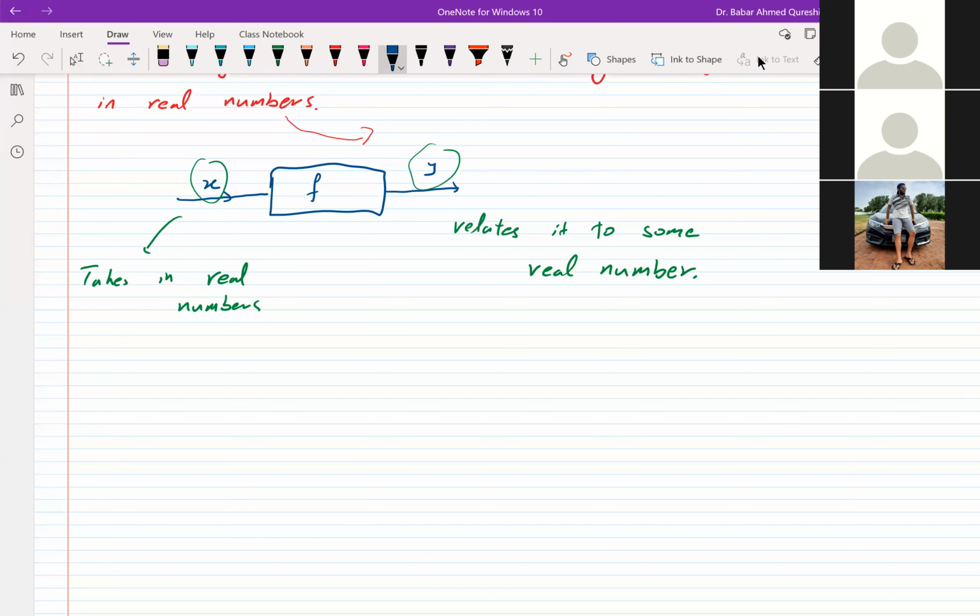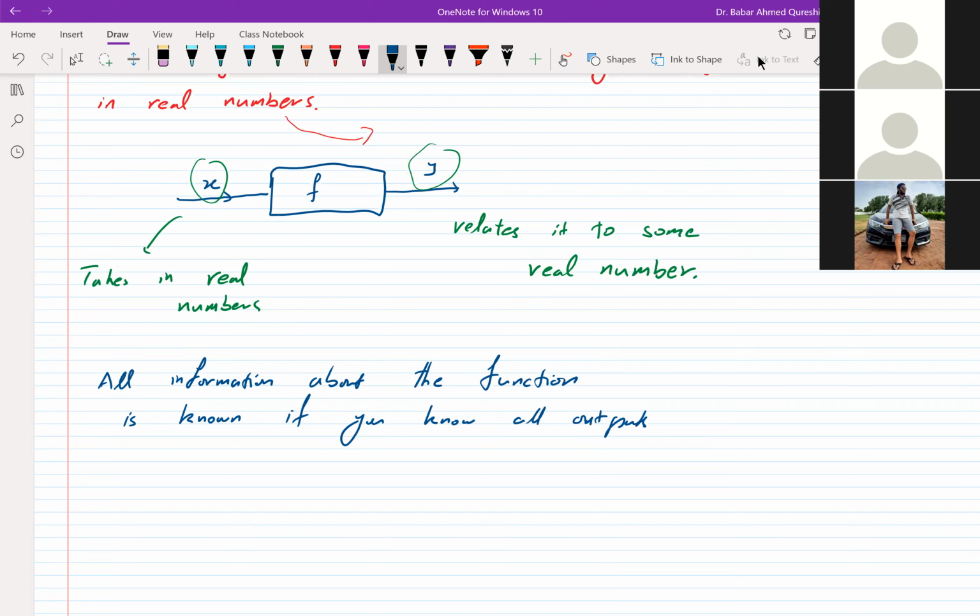So let me write over here: all information about the function, and what's the function? It's just the relation between these two quantities, is known if you know all outputs for all inputs.